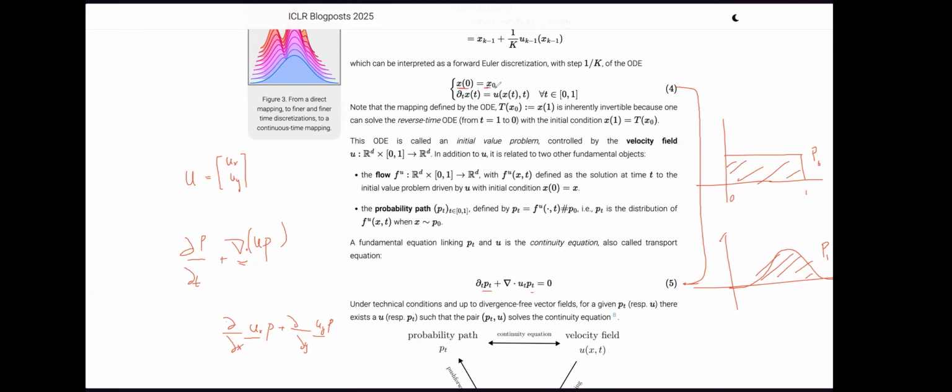We write it as x0, but the zero is actually related to time zero. It doesn't say anything about how many components there are in this guy. X0 can be the 2D coordinates of a sample.